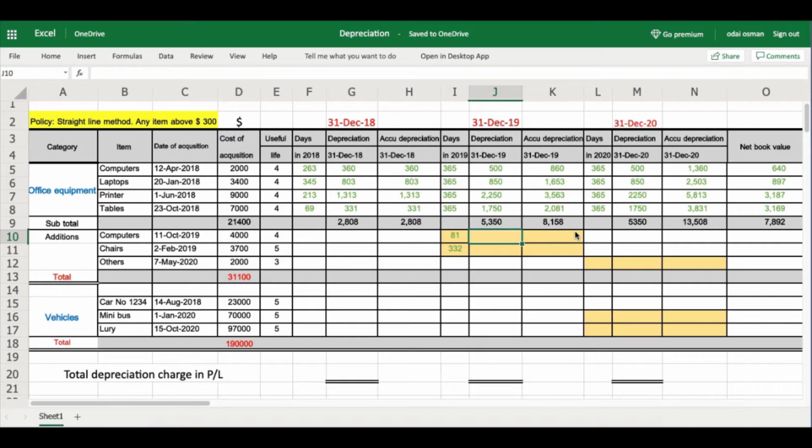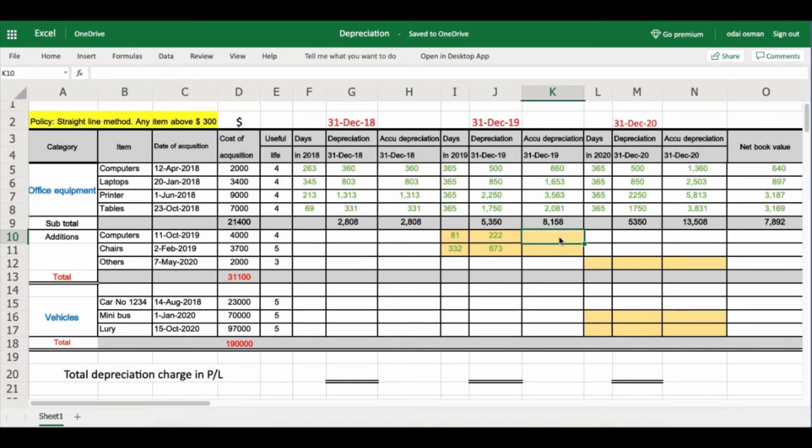So we need to charge the depreciation for this amount also, for this cost equal to this amount, bracket this amount, the cost of the asset divided by the 4 year, close the bracket, times the days divided by 365 gives us this amount, and apply the formula to the next.